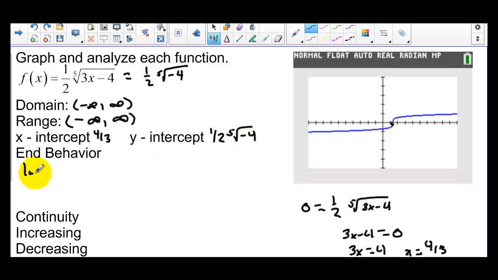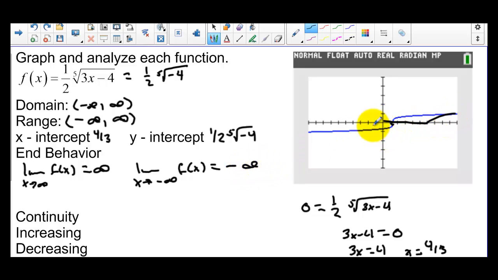The end behavior: limit as x approaches positive infinity is infinity. And the limit as x approaches negative infinity of f of x is negative infinity. As we go to the right, this function is increasing to infinity, and as we go to the left, this function is decreasing to negative infinity.